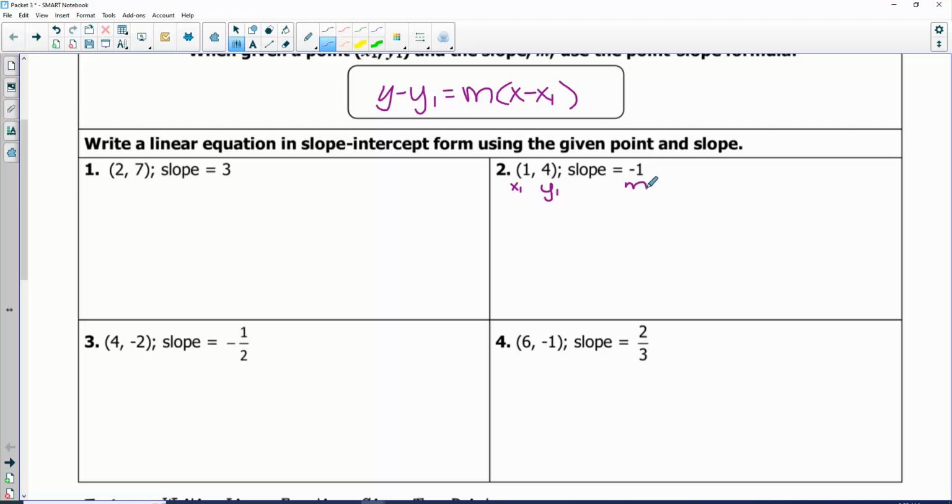My slope, that's my m. So in my equation, it's y minus y1, which we said was 4, equals m, negative 1, times x minus the x1.